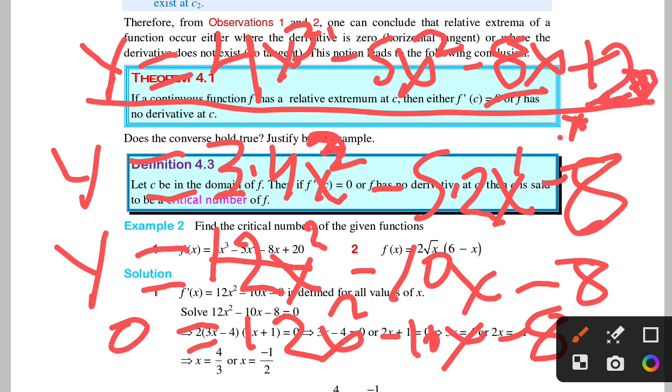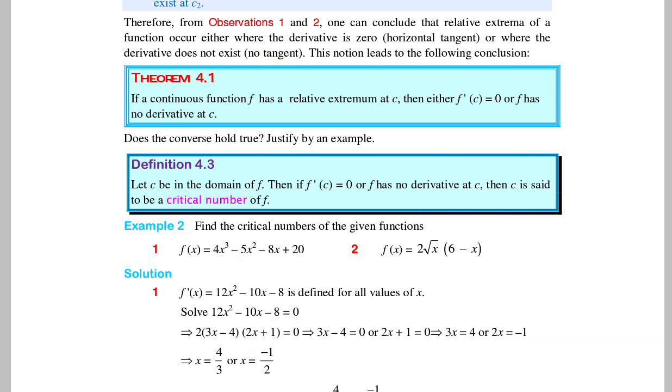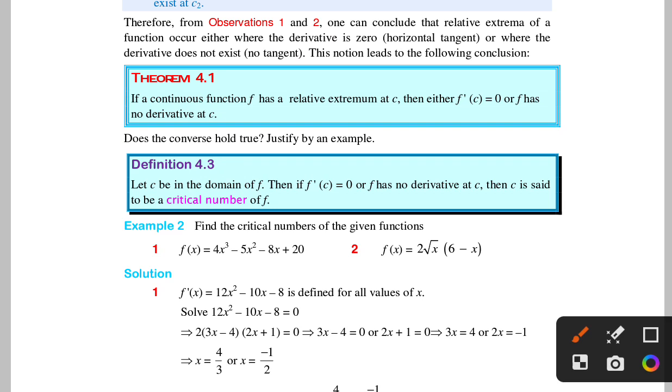Let's make it simple. We have y prime equal to 0, so 12x squared minus 10x minus 8.